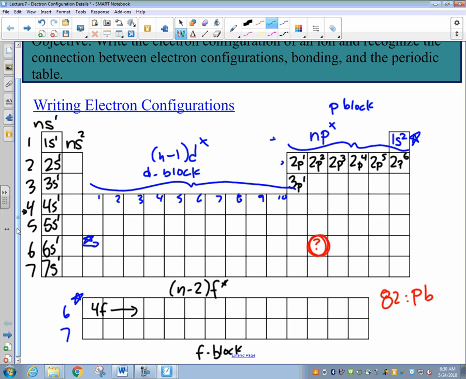So for lead, I would go 1s2, followed by 2s2, followed by 2p6, followed by 3s2, 3p6, reading down next to the 4s2. And here we have to be a little bit careful.